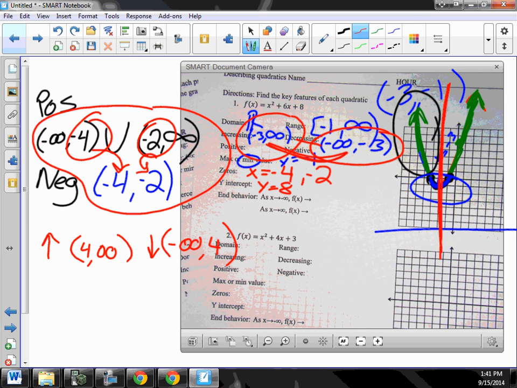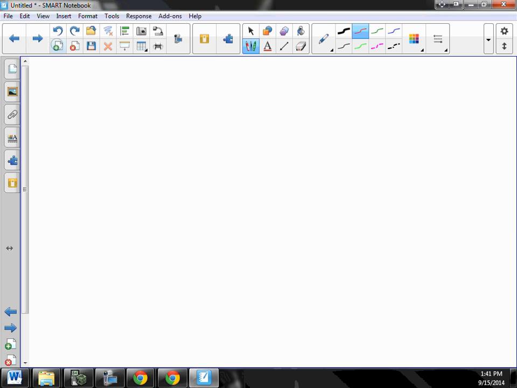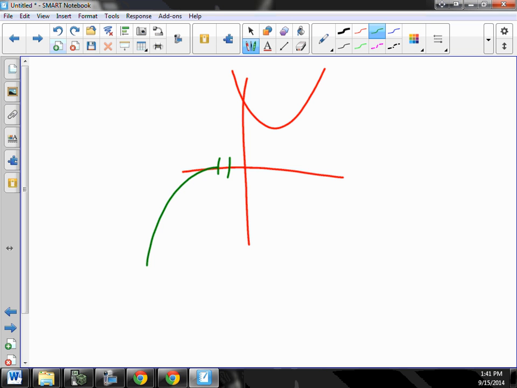Unless, of course, it doesn't touch the x-axis. For instance, where is that negative? Nowhere. Where is it positive? Everywhere. Well, what if we had this? Where is that positive? Is it actually positive at negative 2?